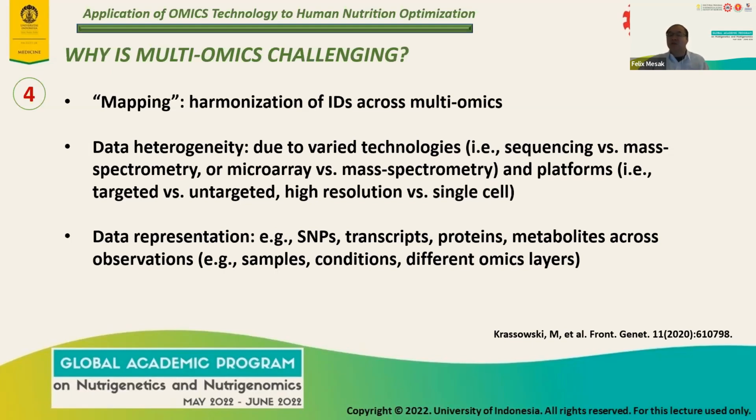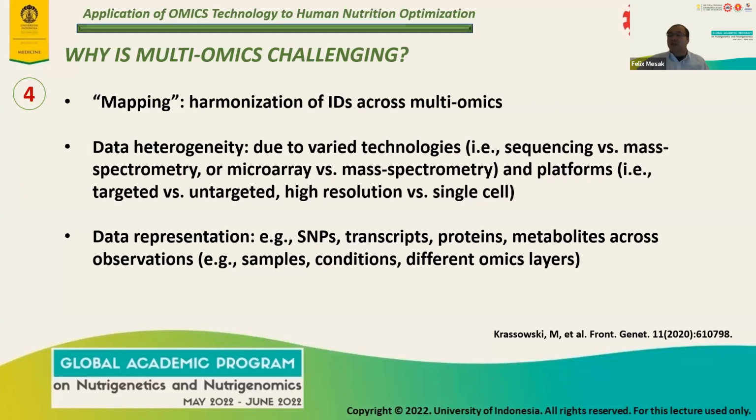framework still remains challenging. However, some tools have led to improved handling, such as similarity network fusion or mixed omics, multi-omics factor analysis, MOFA, among others. These are the tools that attempt to bridge the gaps between different platforms.